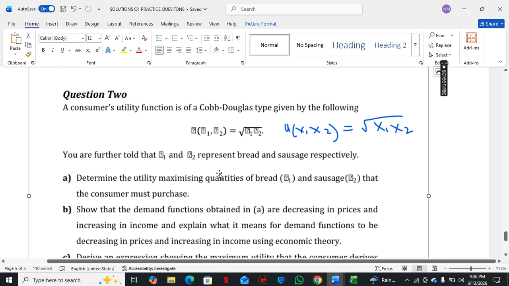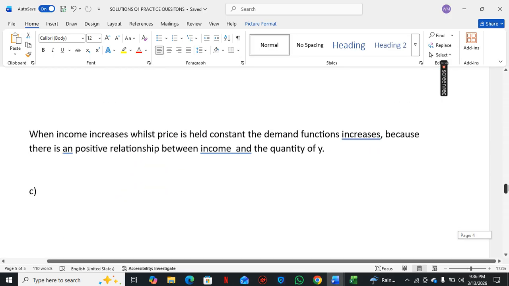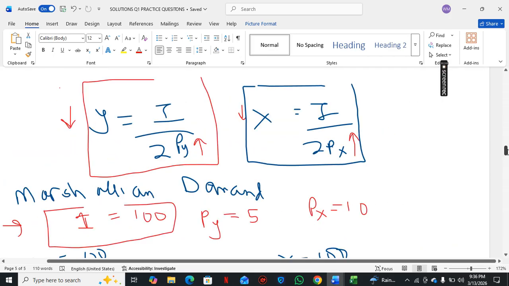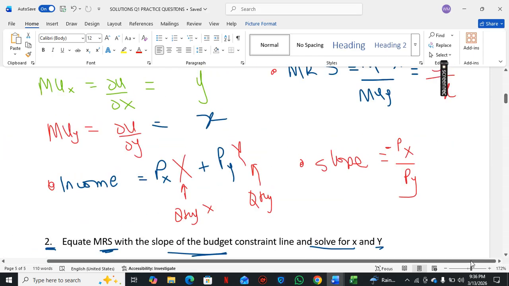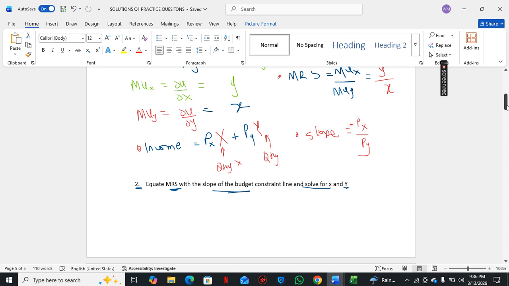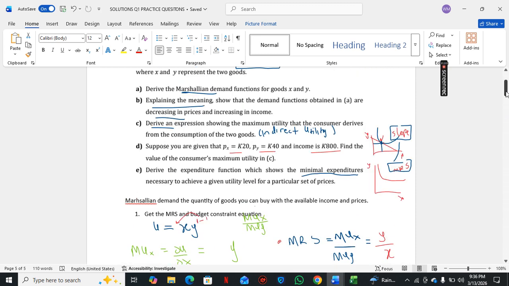Number 1, part A. Determine the utility maximizing quantities of bread x1 and sausage x2 that the consumer must purchase. So here we're talking about the Marshallian demand function.